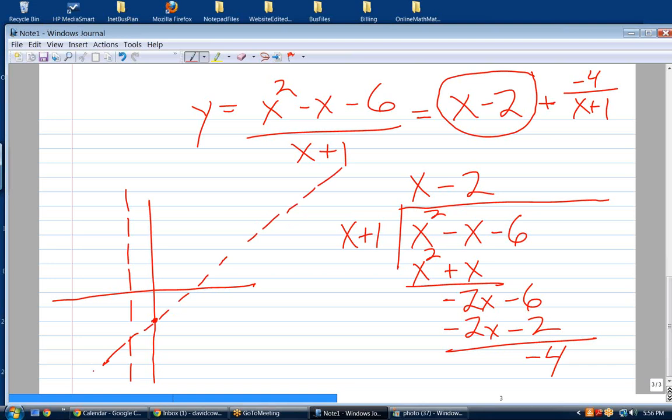So there's my graph. And for the oblique asymptote, I ignore the remainder. But to plot it, I can't ignore the remainder.